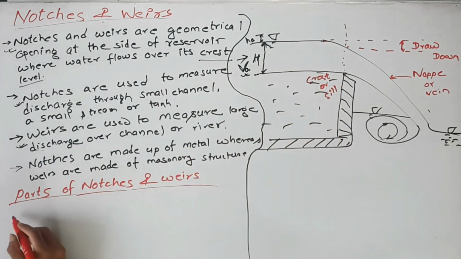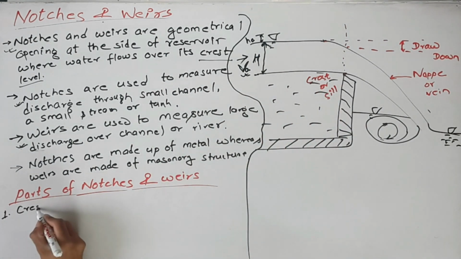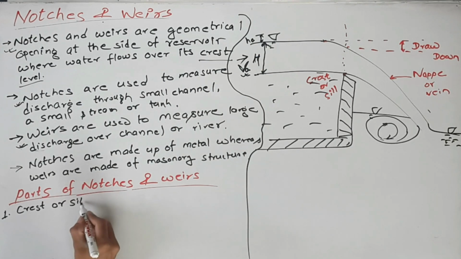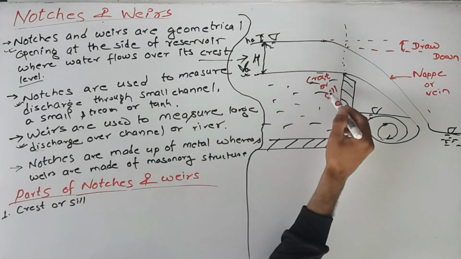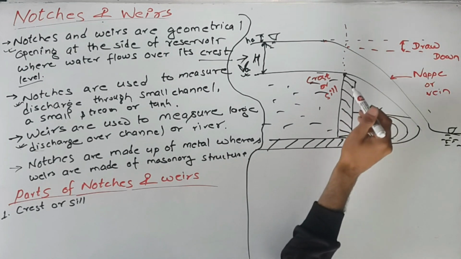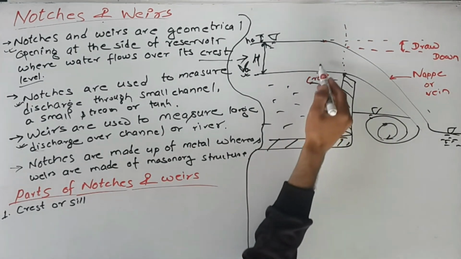First, crest and sill. Crest or sill is the top edge of the notch or weir, above which the water flows.